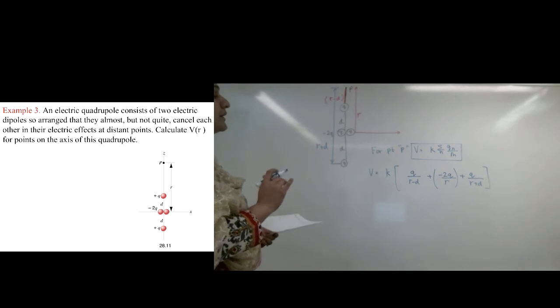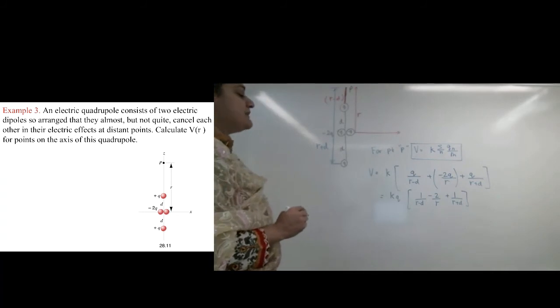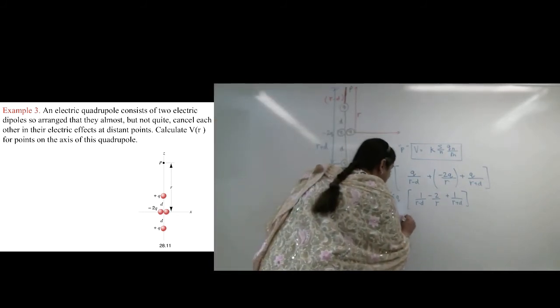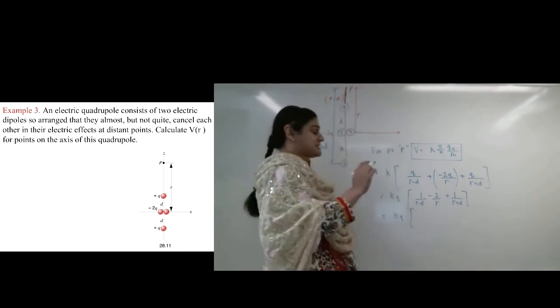And then all that requires for us to do is kQ times (1 minus 2 plus 1) over (r minus d), r, (r plus d). Now I have to take some LCMs, do a little bit of algebra, solve it, and come up with an answer. So I'll do the first step, and I'll leave the rest of the steps to you guys.